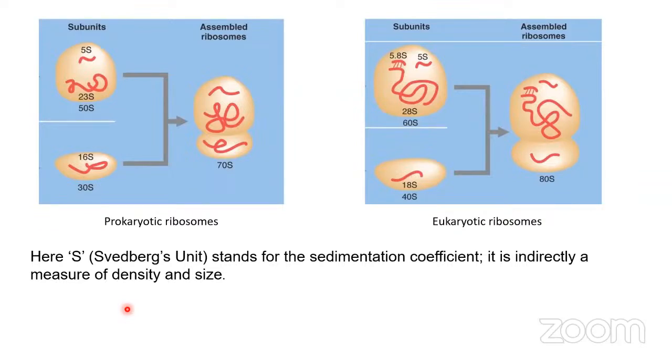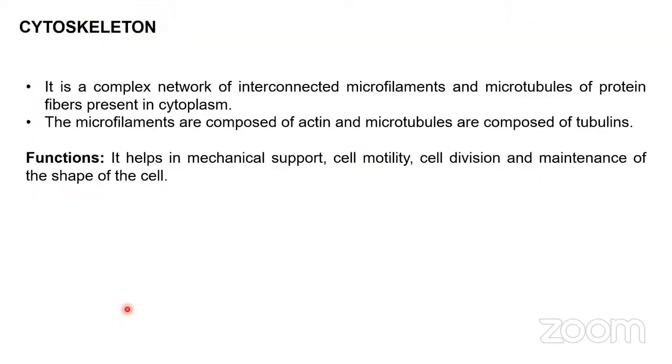Also, we studied that when ribosomes are present on the membrane of the endoplasmic reticulum, they give it a rough appearance, so we call that structure the rough endoplasmic reticulum. If they are absent, it is known as the smooth endoplasmic reticulum. So this was about the ribosomes. The next is the cytoskeleton.